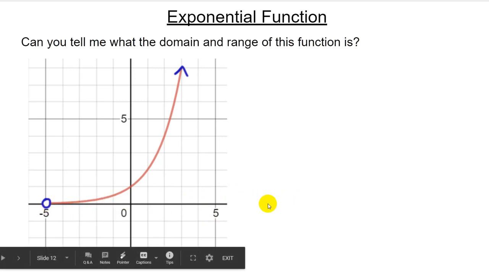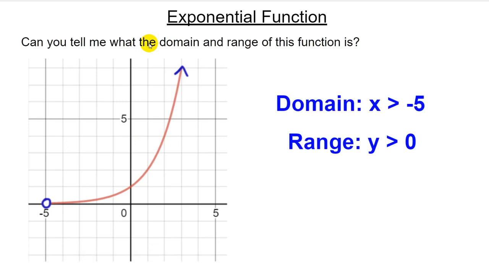If we want to consider the range, it doesn't go past 0. It's everything above 0. So it's going to just be y is greater than 0. There we go. That looks like what we have.